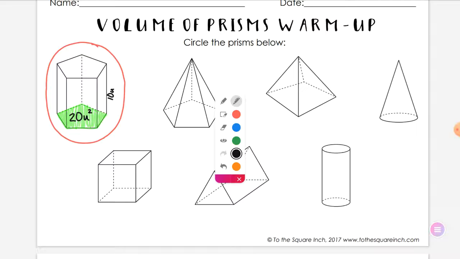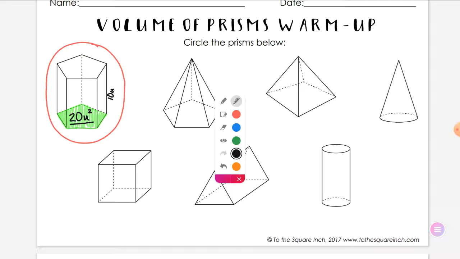They know you don't know that, and they don't expect you to know that. So they will sometimes give you the area of the base shape. But they won't say, hey, this is the area of the base shape, because they know the label for area is square units. So anytime you see a dimension or a number given with square units, they're giving you the area.